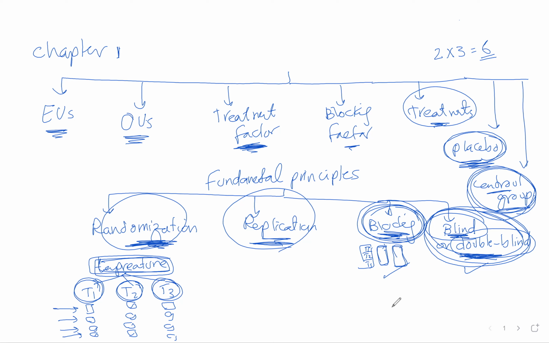So if sigma tau square is 0, it means there is no effect of the temperature on the response variable. It means the levels of the temperature are not different in terms of the response variable. So if I fail to reject sigma tau square equals 0, it means there is no effect of temperature because there is no variability due to the treatment factor.